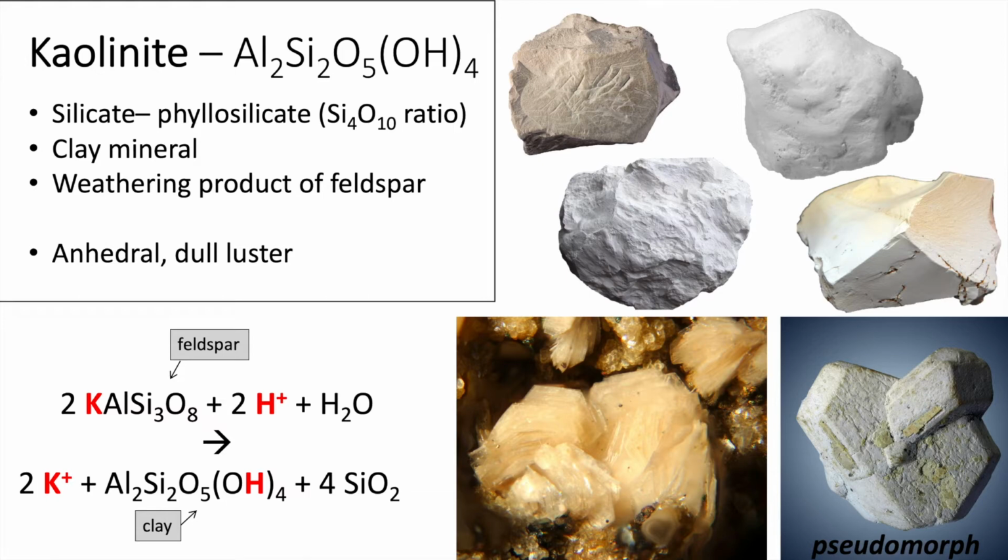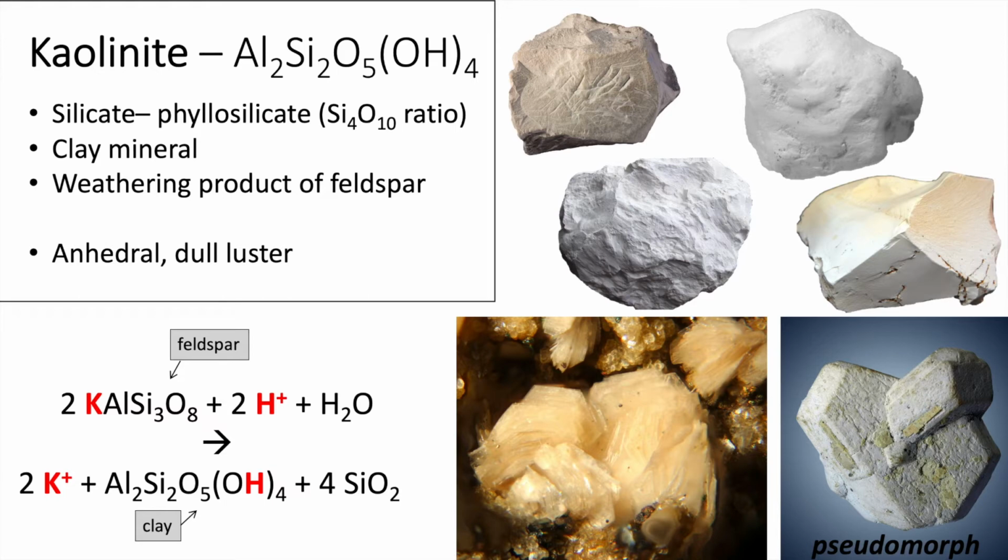And the key thing about kaolinite is that it too, like goethite, is a weathering product. But in this case, it's forming via the weathering of feldspar. So you take feldspar that formed initially in igneous rocks, and when it interacts with the atmosphere or the environment, it's going to form this mineral kaolinite.